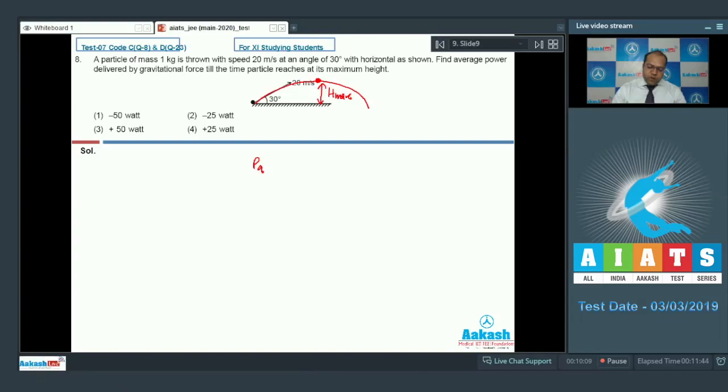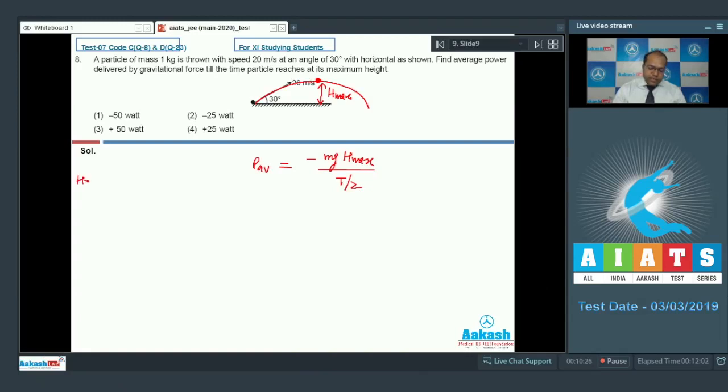So the average power can be given by work done by gravity divided by the time taken to reach this point. Work done by gravity is minus mg into h max, divided by time, which is T by 2.